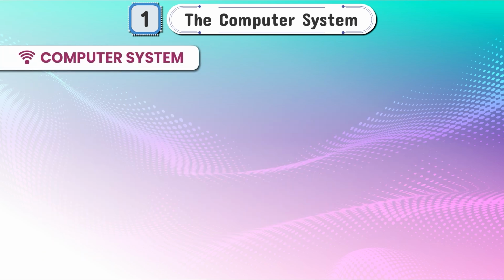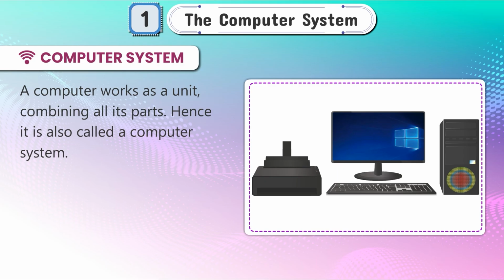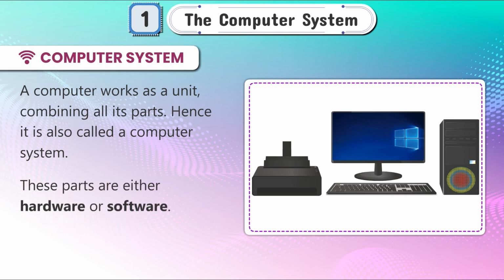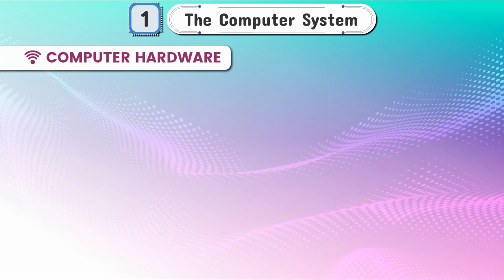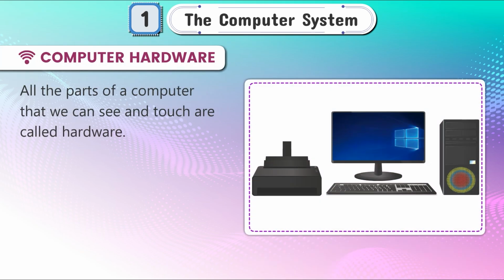Computer system. A computer works as a unit, combining all its parts. Hence, it is also called a computer system. These parts are either hardware or software. Both hardware and software are necessary for a computer to work. Let's know more about them. Computer hardware. All the parts of a computer that we can see and touch are called hardware.